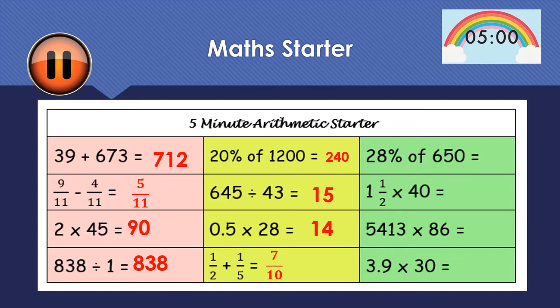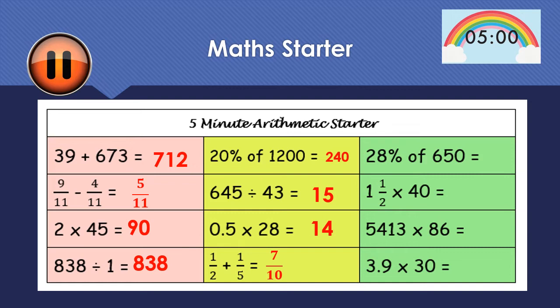To get from 2 as our denominator to 10 as our denominator, we need to multiply by 5. So whatever we do to the bottom, we do to the top. So we end up with 5/10 plus, to get from 1/5 to tenths, we need to multiply by 2, so that becomes 2/10. 5/10 plus 2/10 equals 7/10.